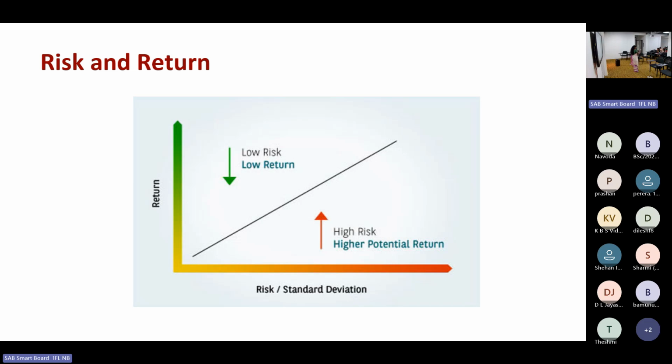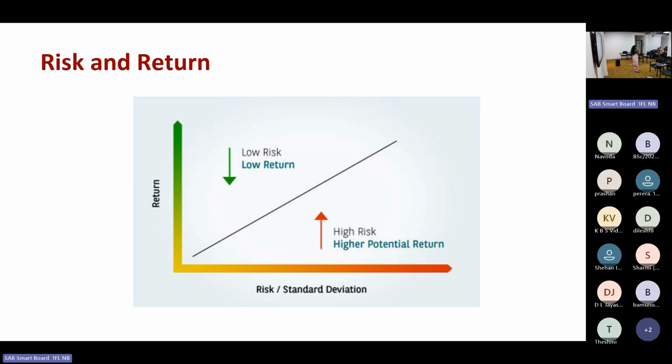Rather than investing in the banks, people invested in the Sakwiti's place, where in that era he gave a 20 or 25% return on the investors' funds, whereas the banks gave maybe 8 or 10% interest. Individuals took a high risk and in return received a high return. So always, if the return is high, the risk is also high. If the return is low, the risk is also low.